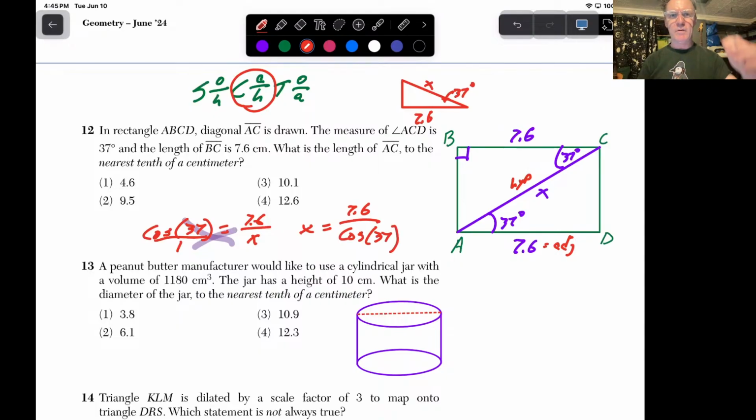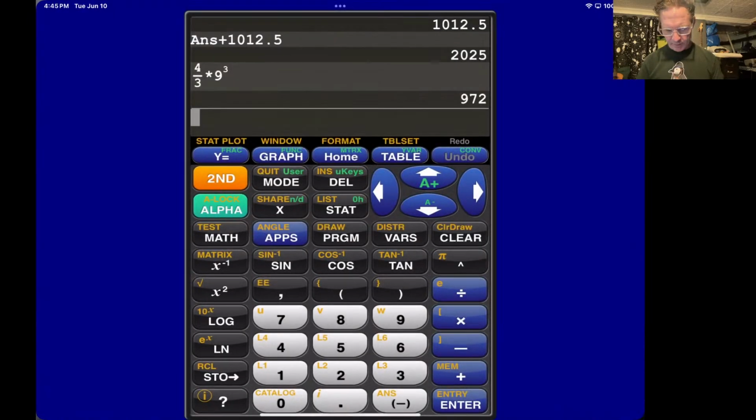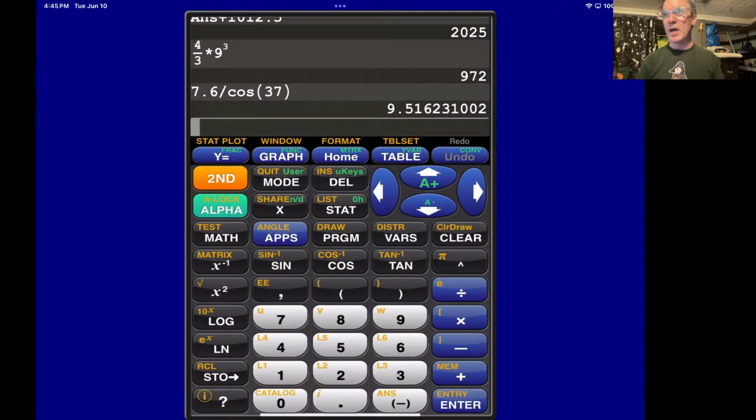Remember, if the variable is down below in the denominator, you end up dividing by the trig function. If the variable is up top, you end up multiplying by the trig function. So we can just plug that into our calculator. 7.6 divided by the cosine of 37.